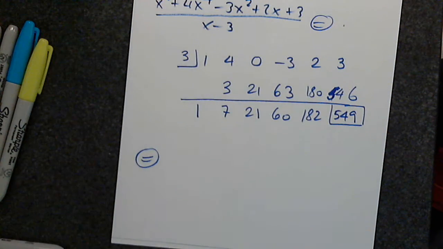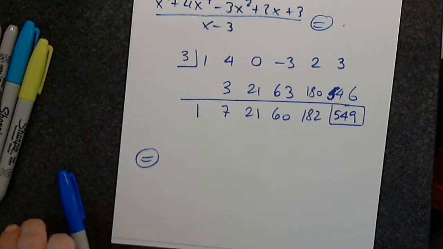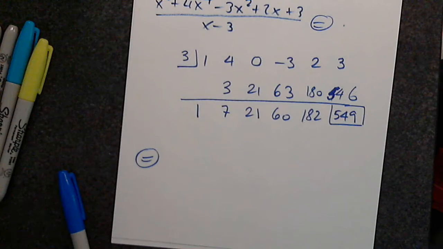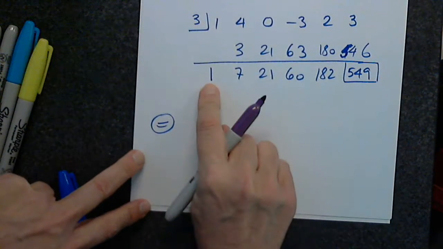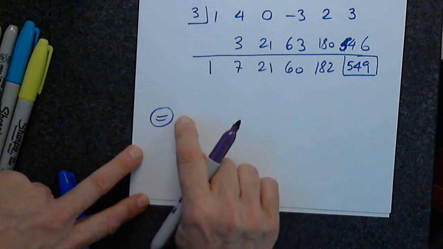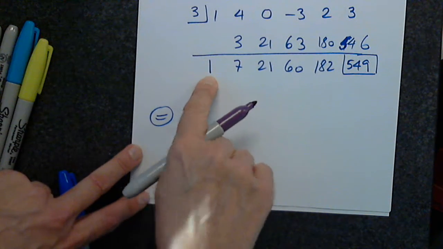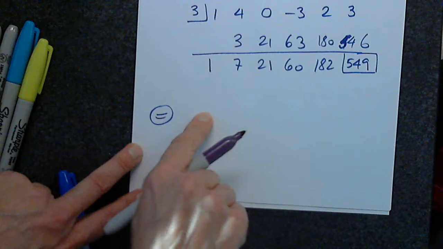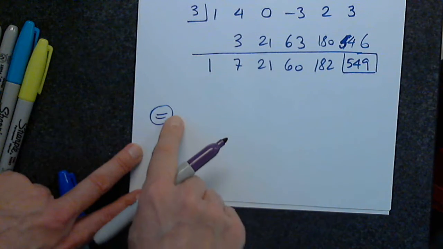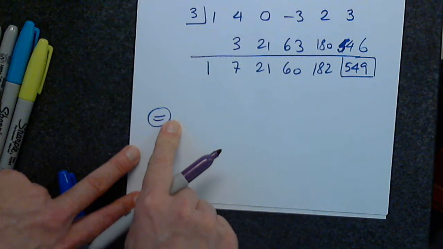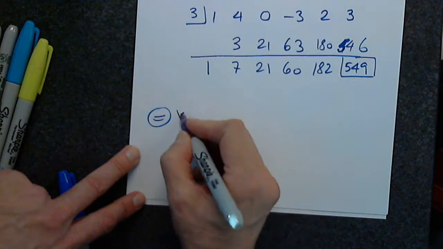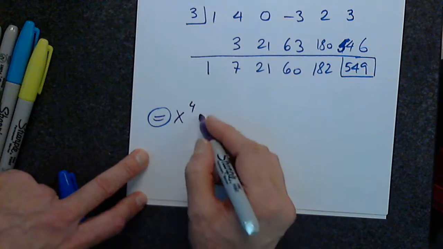So I know where to start. The degree of the quotient will be? 4. Yes. So this is the coefficient of? 1. One what? 1x to the 4th. Okay, perfect. Plus.